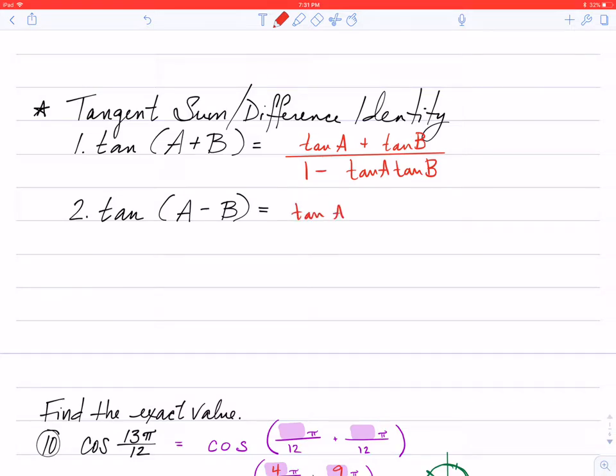Tan A minus tan B, all divided by 1 plus tan A tan B.